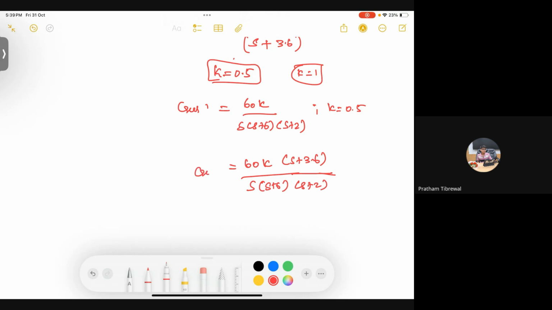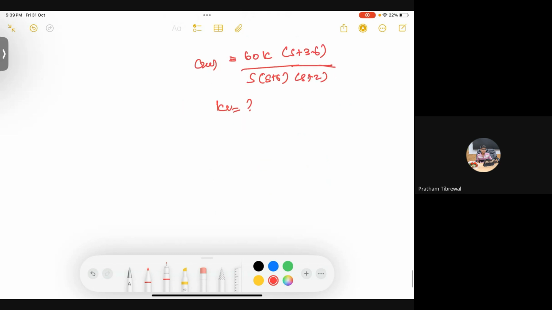Okay. Can you find Kv? Limit s tends to 0, s into G of s.